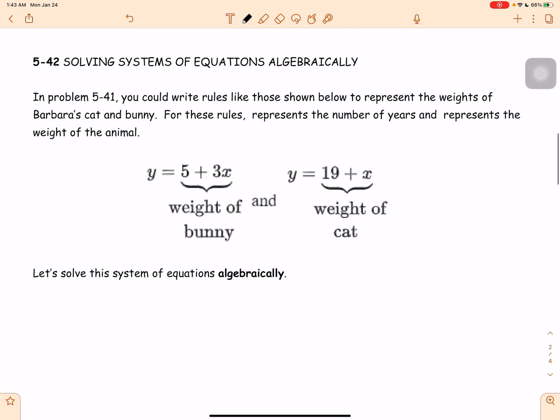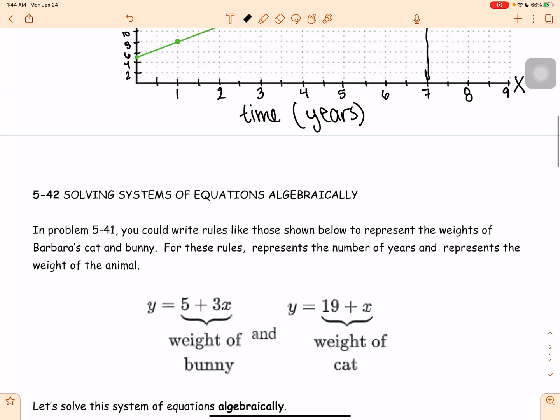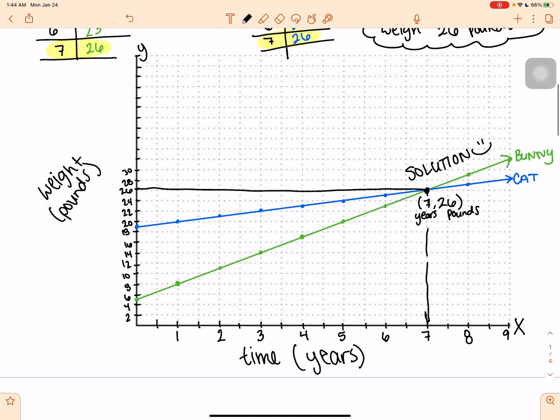All right, so in the problem we just did, we could have written rules. So I'm going to show you how to get these rules exactly. So here, if we're looking at, let's say, the bunny, the bunny's growth each year is 3 pounds. LB is pounds.